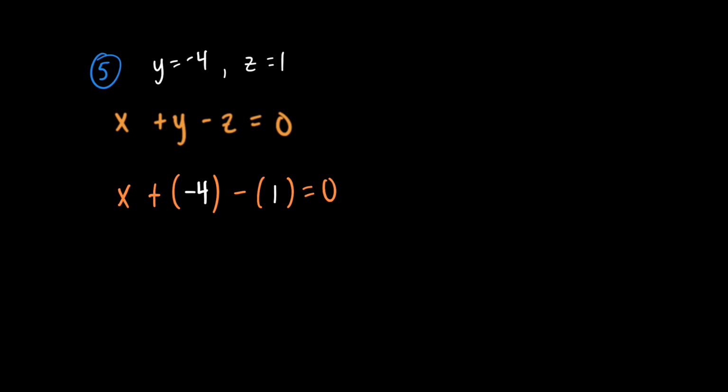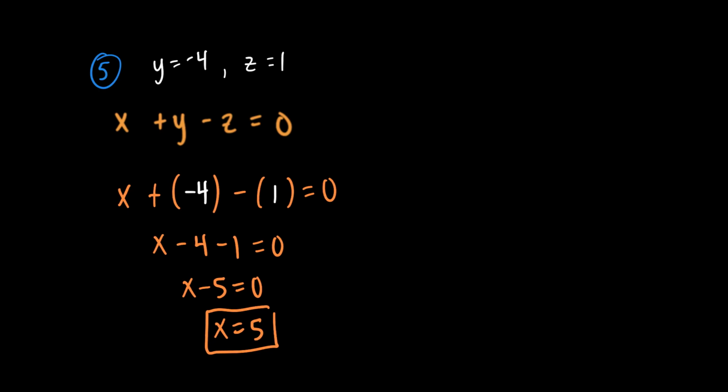I find it weird that the orange is slightly off because I copied the orange. Why is the color different? Whatever. So this is basically x minus 4 minus 1 is equal to 0. So x minus 5 is equal to 0, which means x must be 5. You just add 5 to both sides.